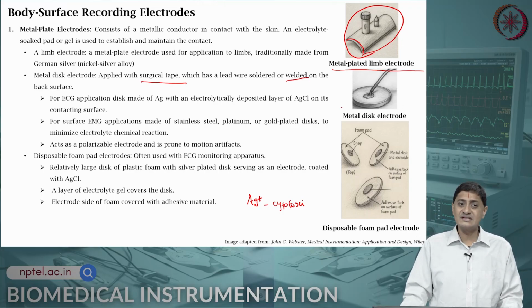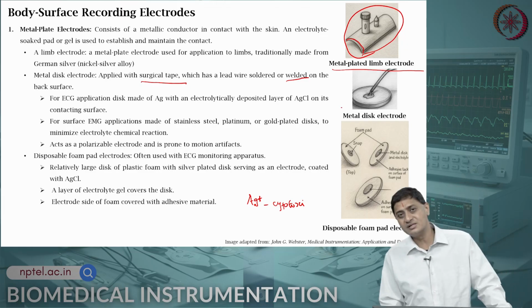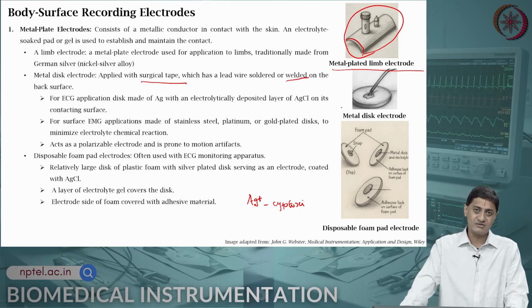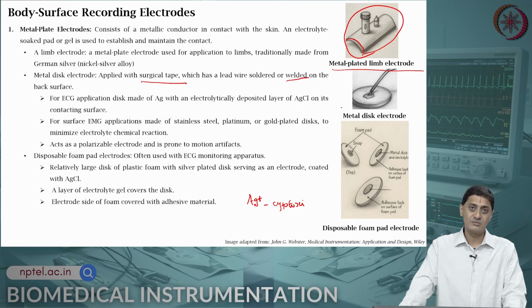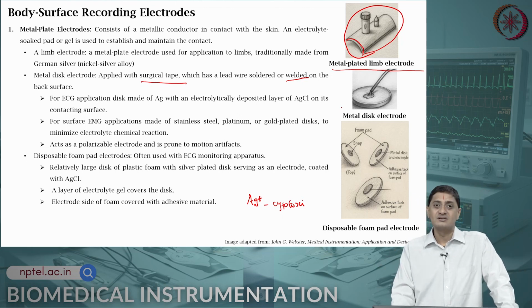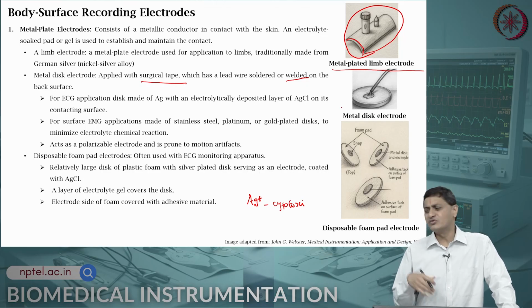So, in these cases it essentially acts as a polarizable electrode, and polarizable electrode means we immediately know what it means, because if you recall polarizable electrode and its equivalent circuit, there will be a displacement current and there will be capacitive effects that come into the picture. That means that whenever there is a movement of the electrode, when will there be movement? When the skin moves, when the person is moving.